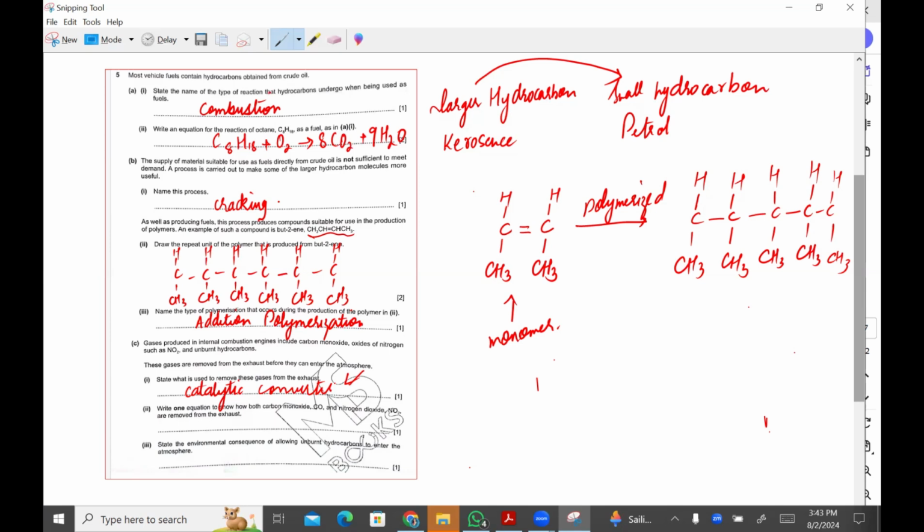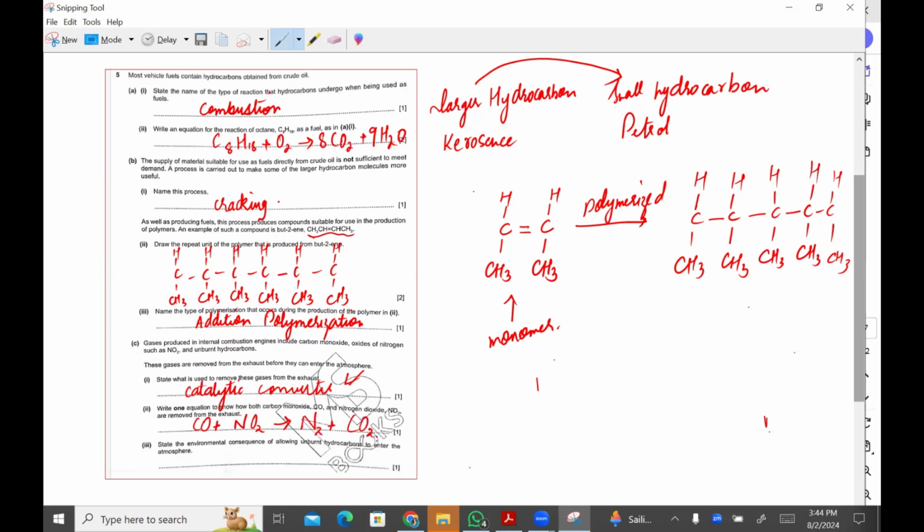Write an equation to show how both carbon monoxide and nitrogen dioxide are removed from the exhaust. So what is going to happen? This carbon monoxide is going to react with this nitrogen dioxide, and they form nitrogen plus carbon dioxide.